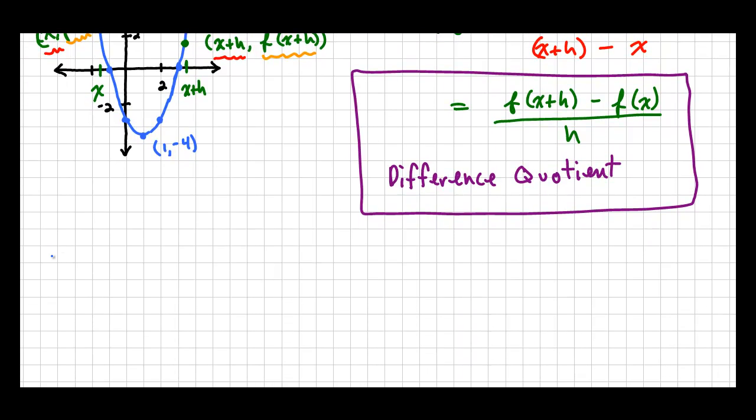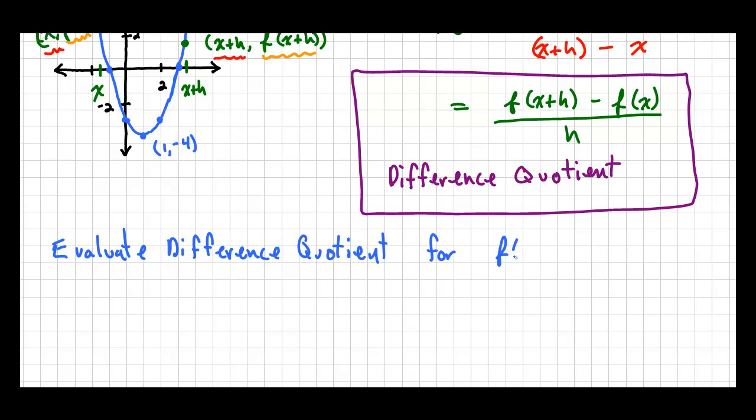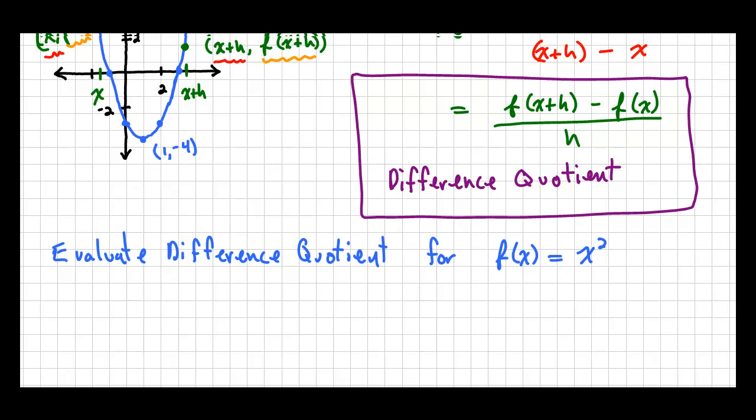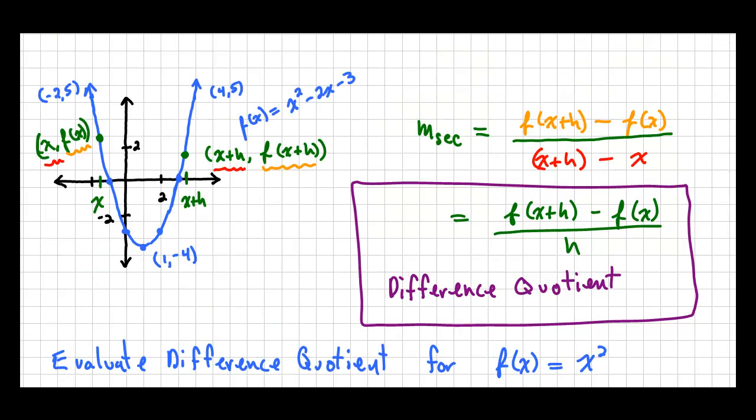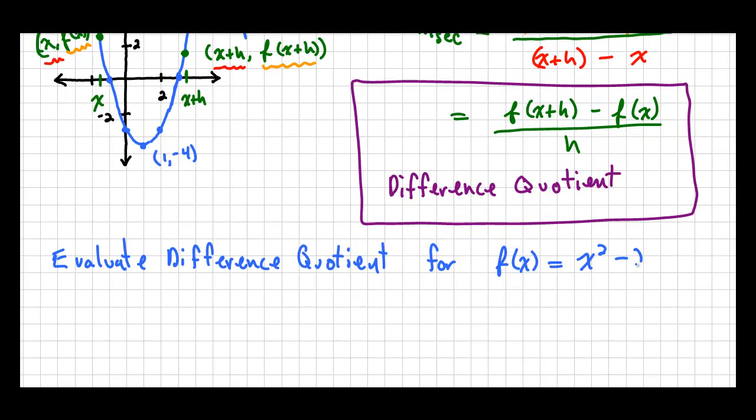So let's evaluate the difference quotient for f of x equals x squared minus 2x minus 3.